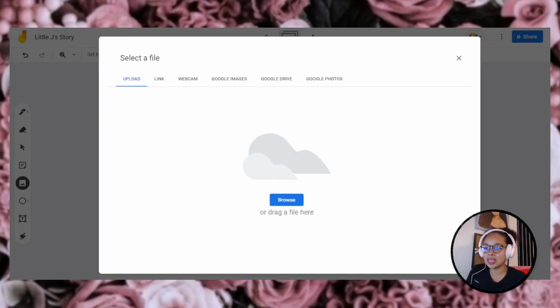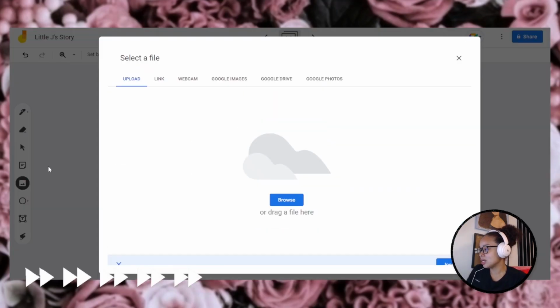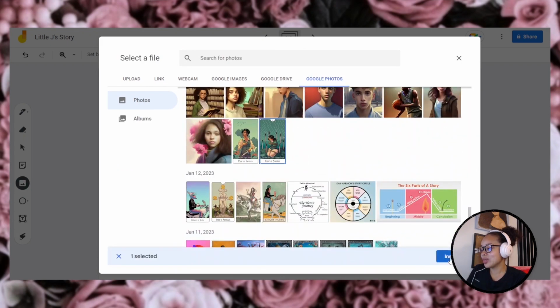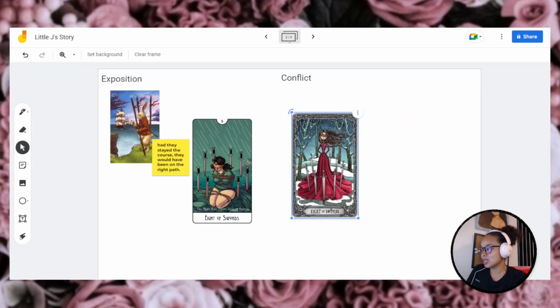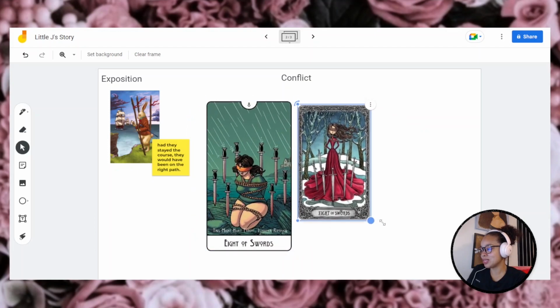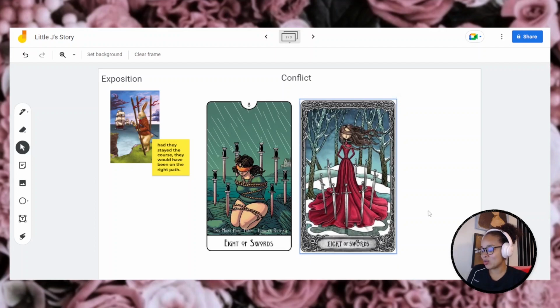So the second card we have is the Eight of Swords. Oh, this card we actually pulled for our sad boy, Andy. So I know this means feeling trapped, like you have a way of escape, but you're so distracted by feeling trapped that you just don't. I think it has some self-pity in here. I'm not sure.